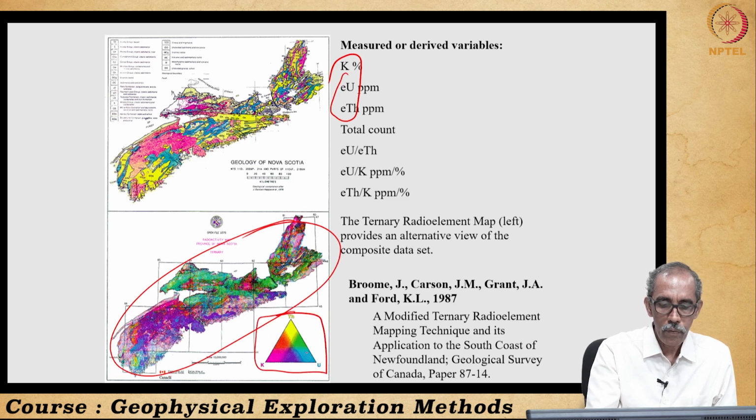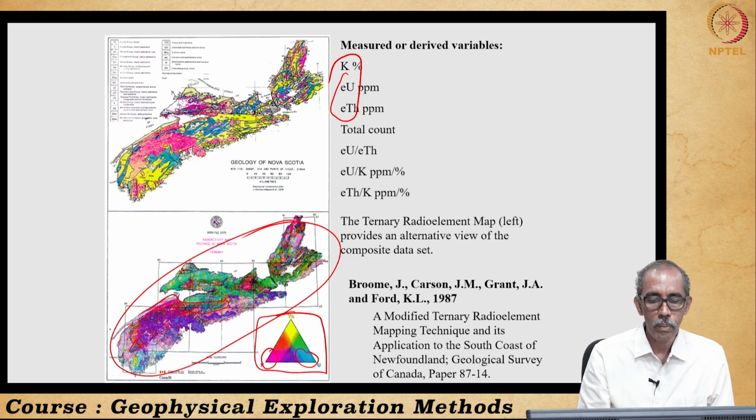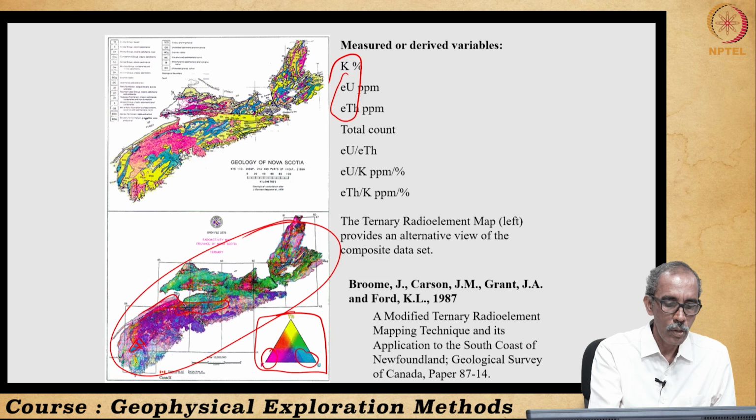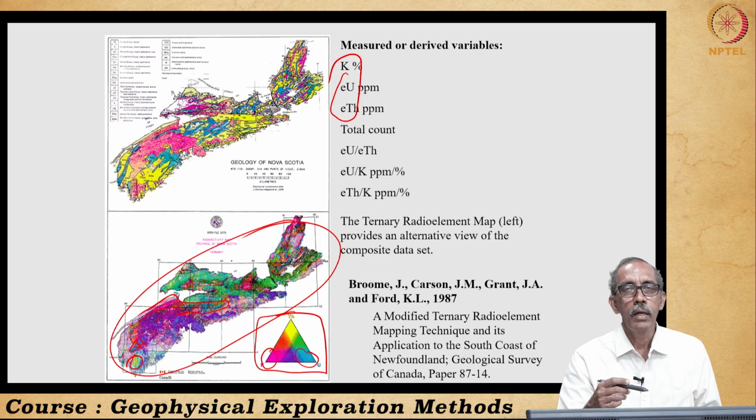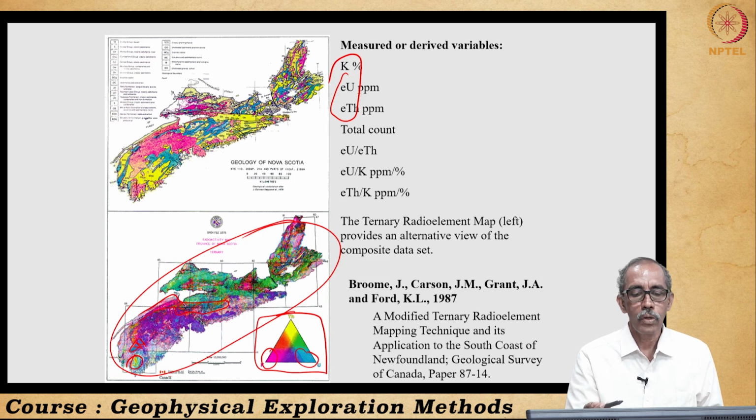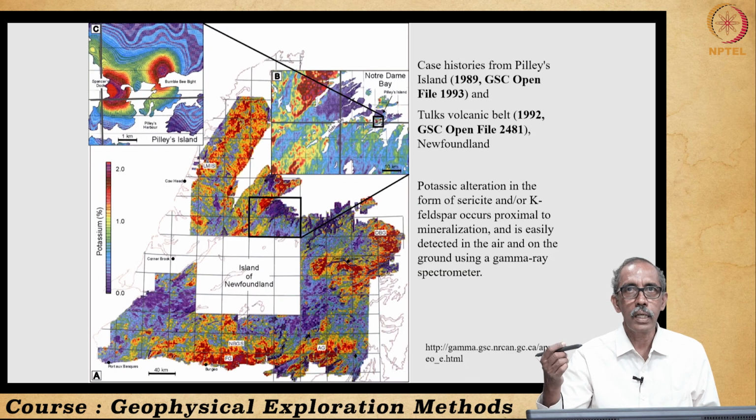Wherever you have blue tinges, they are all uranium rich regions, and this pink color region is of not much importance because it is dominated by potassium, and yellow zones are thorium. So, here the entire region has been mapped with regard to the concentration of uranium, thorium and potassium. This is the study carried out by the Geological Survey of Canada.